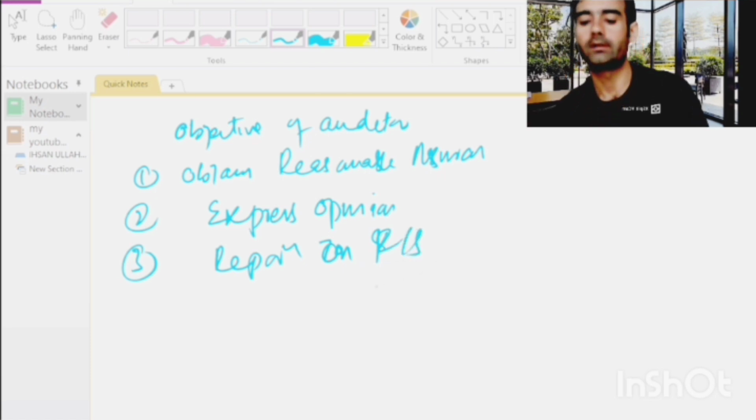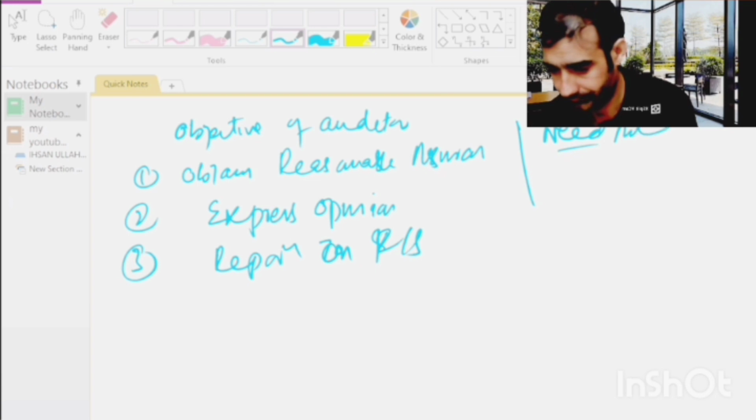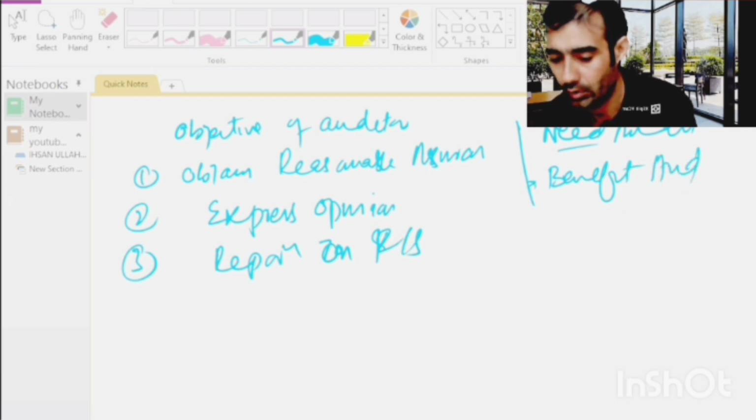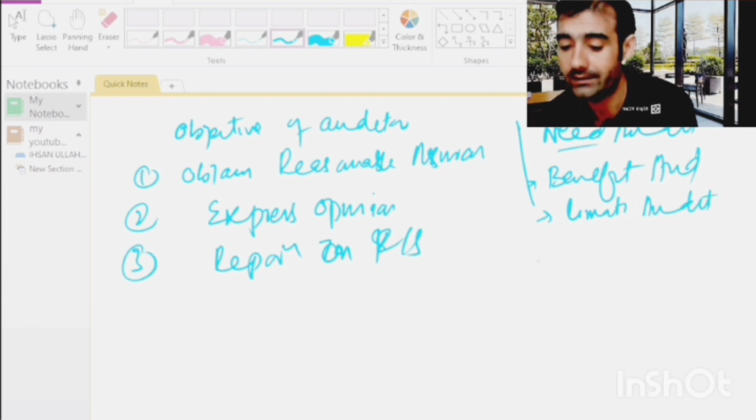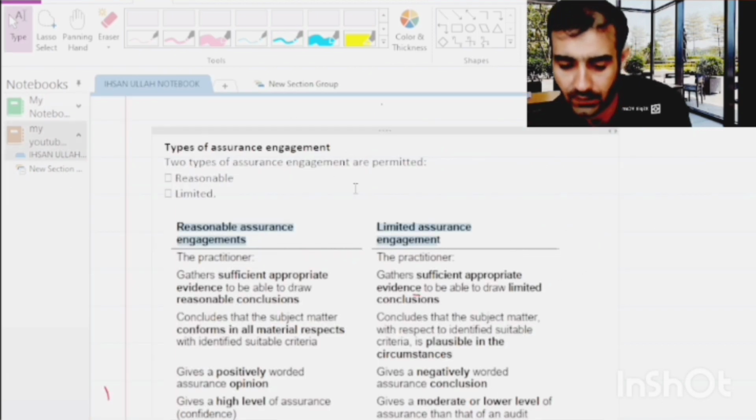I told you before why we need audit, and we have discussed that there are some benefits of audit. We have not discussed the limitations yet. We will discuss this: what are the limitations of audit? And then we will discuss the expectation gap. What is the expectation gap? Clear? So let me move on.